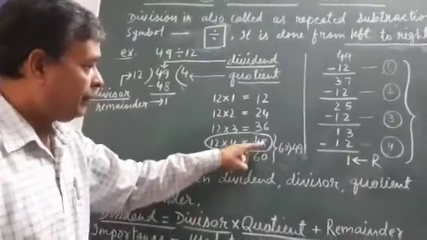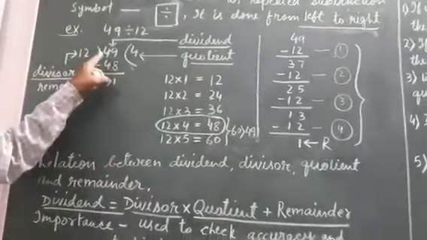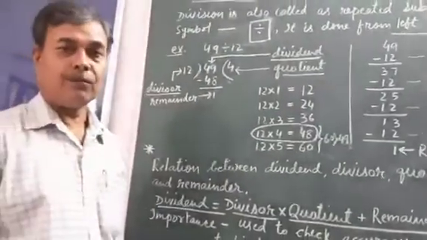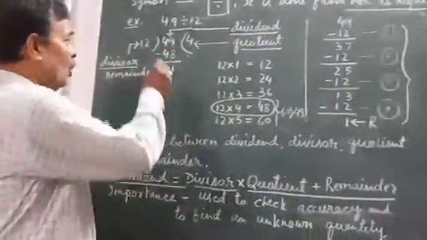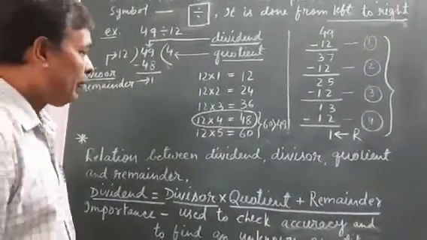Among these numbers we find 48 is the number which is just smaller than 49. That means 49 we can divide by 12 into 4 parts.